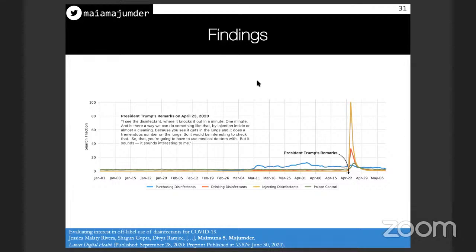Then, rather damningly, interest in poison control peaked the very next day, results that are consistent with poisoning reports subsequently noted by the American Association of Poison Control Centers. Moreover, interest in these topics remained increased for an entire week following the misinformation event, suggesting that while most of the associated impact on population-level behaviors occurred soon after the event itself, the impact did not dissipate immediately.